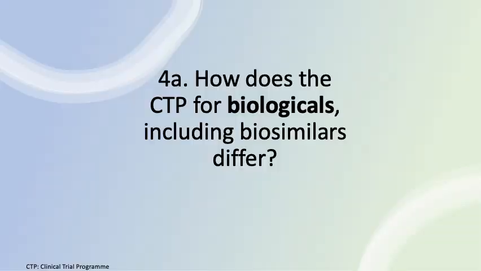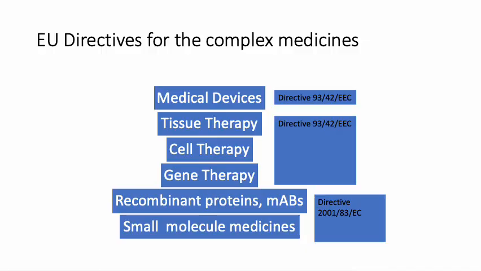There are some differences in the clinical development plan for biologicals, including biosimilar medicines. Biological medicines are any medicines with a biological origin, whether these are extracted from animal or human sources or manufactured by recombinant DNA technology.